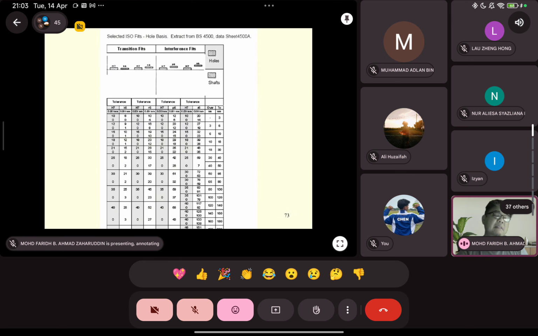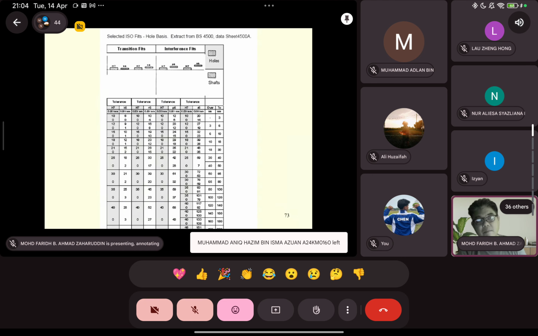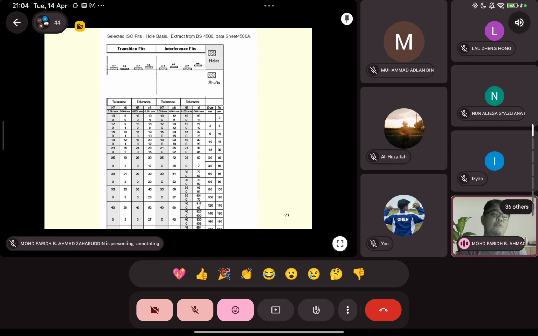So this is a standard that you cannot simply, like previously you said, how do we know the basic size when the numbers is 15 point blah blah blah, another one is 16 blah blah blah. Dia punya range tak boleh lah besar sangat. If let's say the value range difference 15 to 16, it is impossible when we talk about shaft and hole. It's impossible. Now we are talking for 3 decimal. Right? Okay.